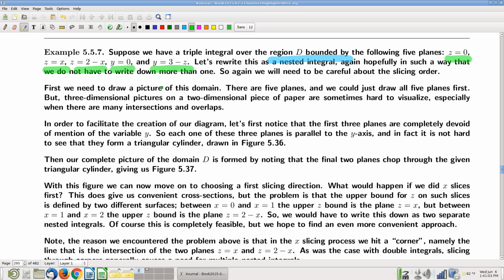So let's recognize that artistically, this is a really nasty challenge. I've got 5 planes, and your first cut at this might be to, okay, I'm going to draw the one plane, and then I'm going to draw another plane, and then a third plane, and I'm going to look at this mess of planes, and I'm just going to get it.